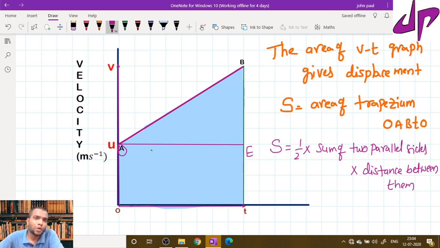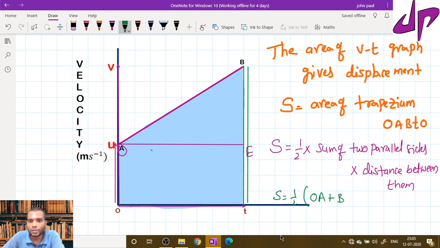O to A is one of the parallel sides, and the other parallel side is from T to B. So I can write the trapezium formula S equal to half times the sum of the two parallel sides, that is OA plus BT, times the distance between them, meaning the distance between the two parallel lines. This distance is from A to E.